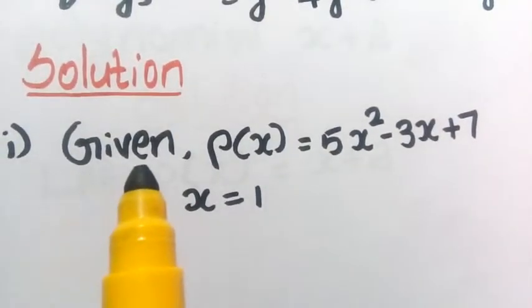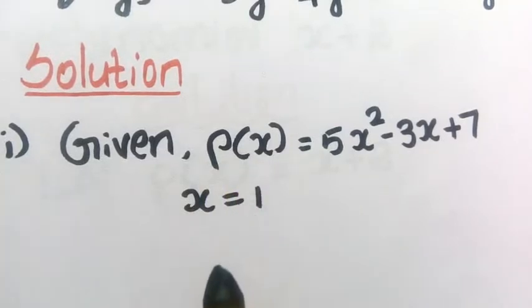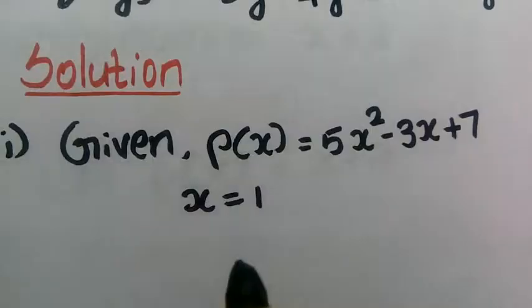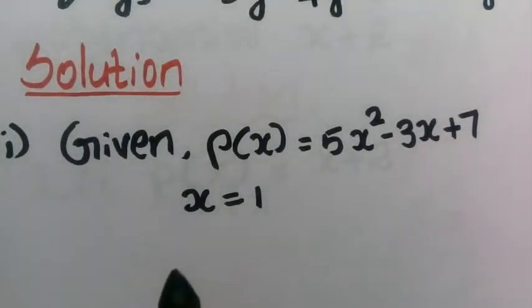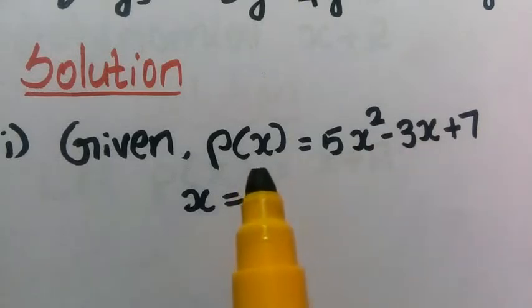First one, given p of x is equal to 5x square minus 3x plus 7. The indicated value of the variable x is equal to 1. So, in the place of x, we need to substitute the value 1.